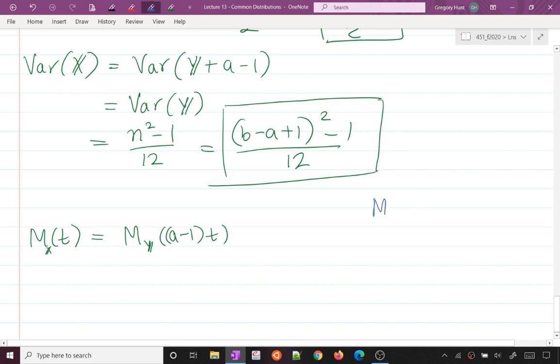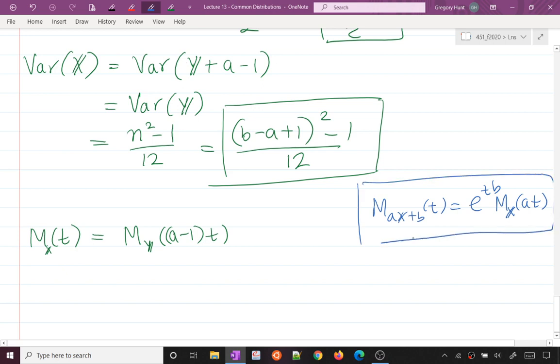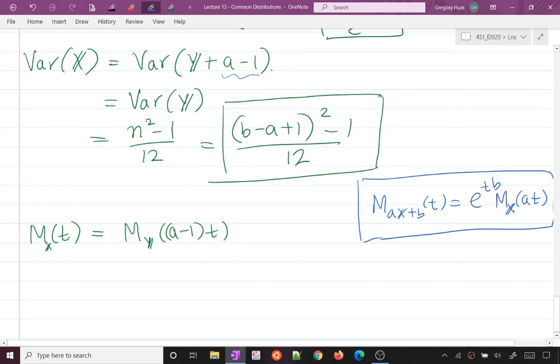The general formula was that the moment generating function of aX plus b is e to the tb times the moment generating function of X at at. And in this case, our linear transformation is just to add a minus 1. So we evaluate the moment generating function of y, which we derived above, at a minus 1 times t.